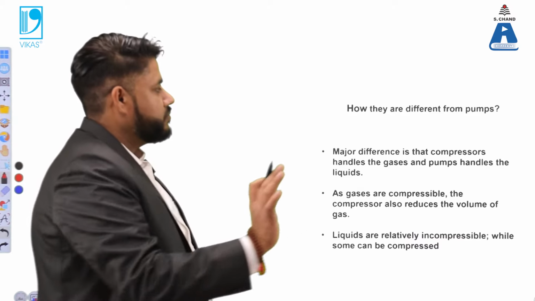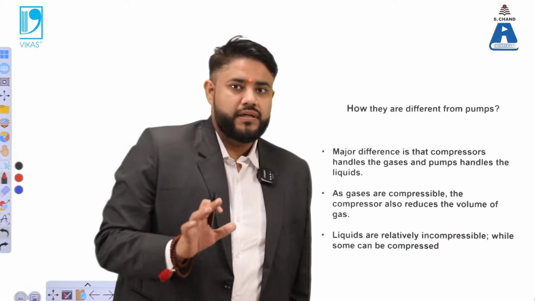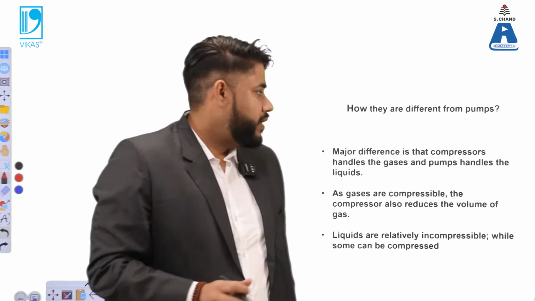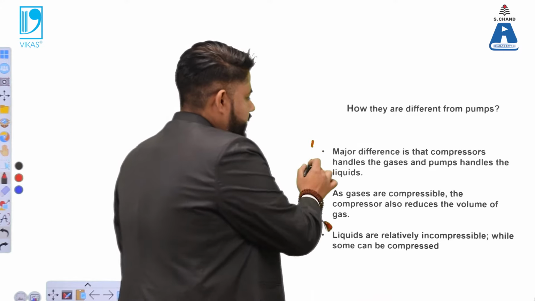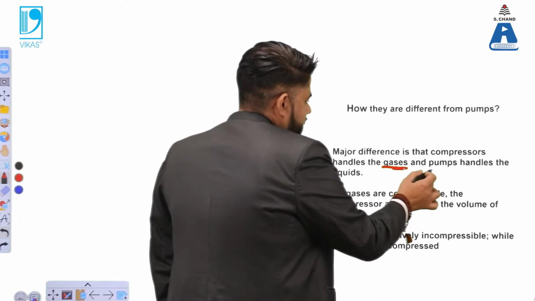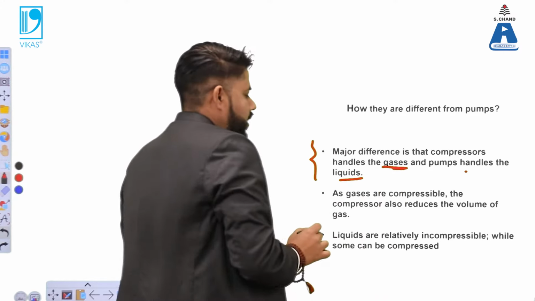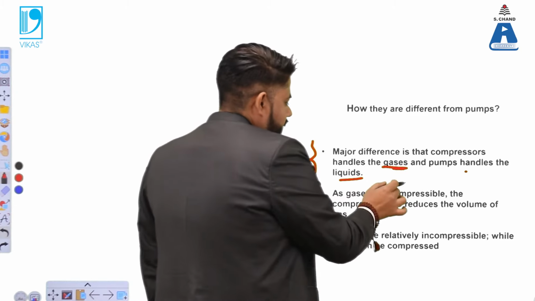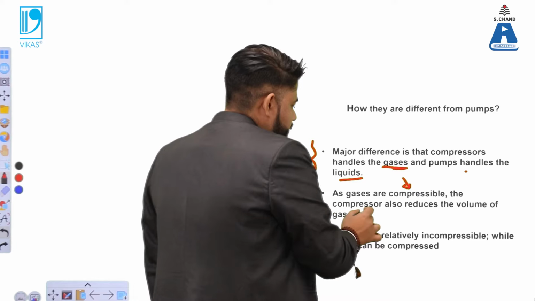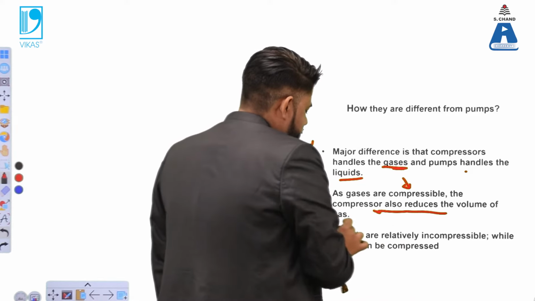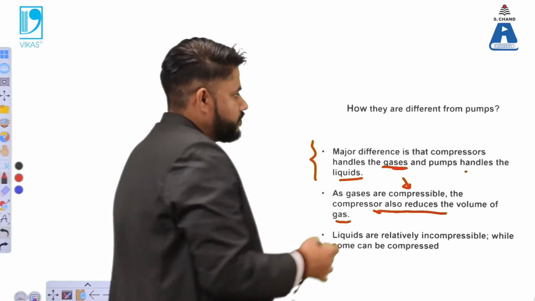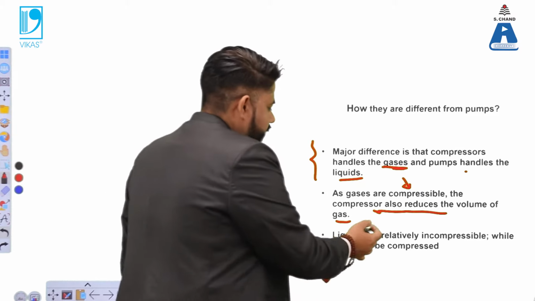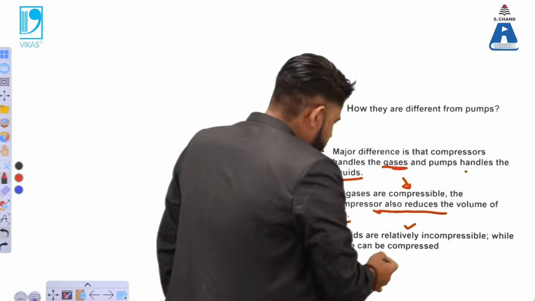The thing that is generally confusing is the basic difference between a compressor and a pump. The major difference is that a compressor handles gases and pumps handle fluids. Gases, as you know, are compressible, and the compressor reduces the volume of the gas, while liquids are generally incompressible.